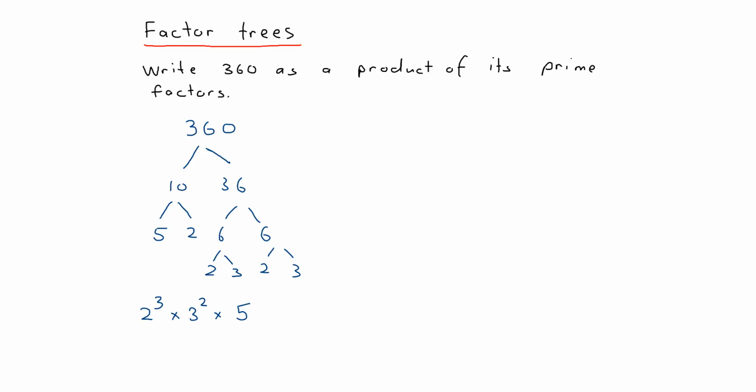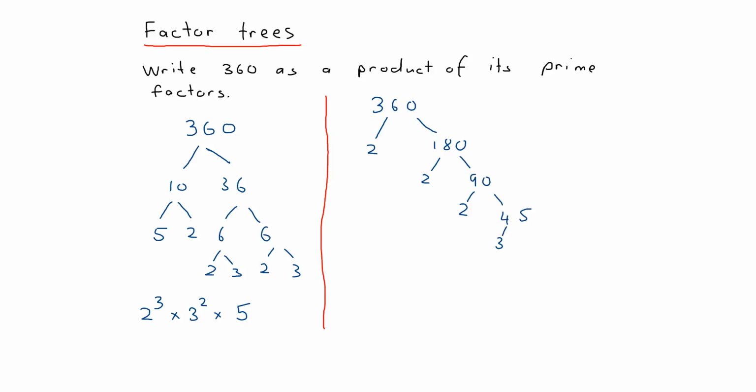I could have done it like this, for example. I could have made a really, really unbalanced tree. So I could have done 360 is 2 by 180 is 2 by 90 is 2 by 45 is 3 by 15 is 3 by 5, but you can see we actually get the same prime numbers: 2, 2, 2, 3, 3, and 5.